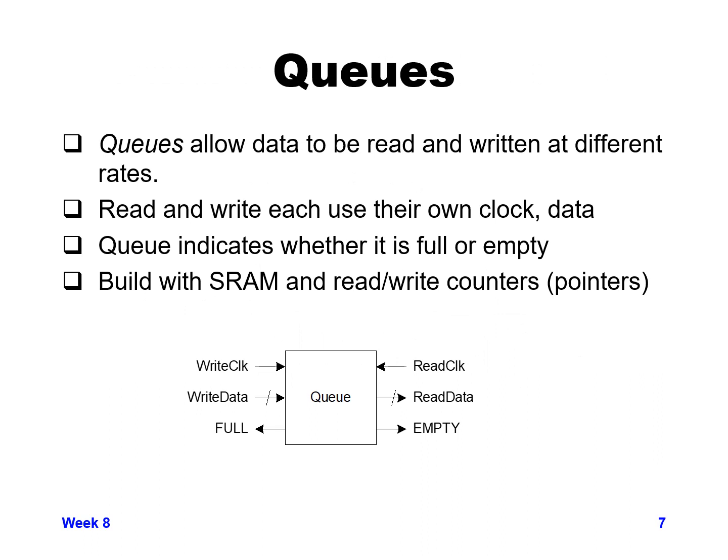So queues are another type of memory array that we can use. Queues allow data to be read and written at different rates. You could have 2 different clock frequencies being used, or it could just be that you might be able to read at different times than the values were being written in.